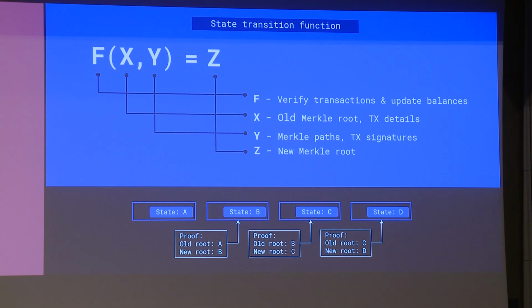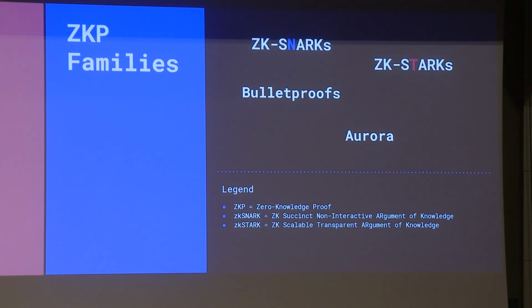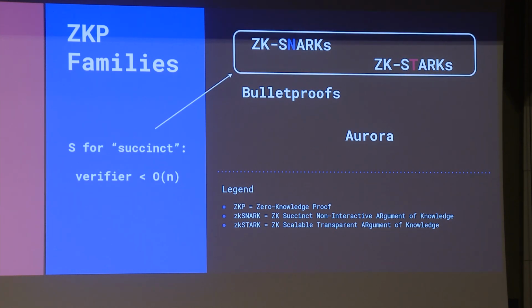So there are different protocols which you can use for zero-knowledge proofs. You might be familiar with them. This is not a complete list, but I want to argue that in blockchains, we're only or mostly interested in zero-knowledge proofs which are succinct, such as STARKs and SNARKs, where S stands for succinctness. What does it mean?